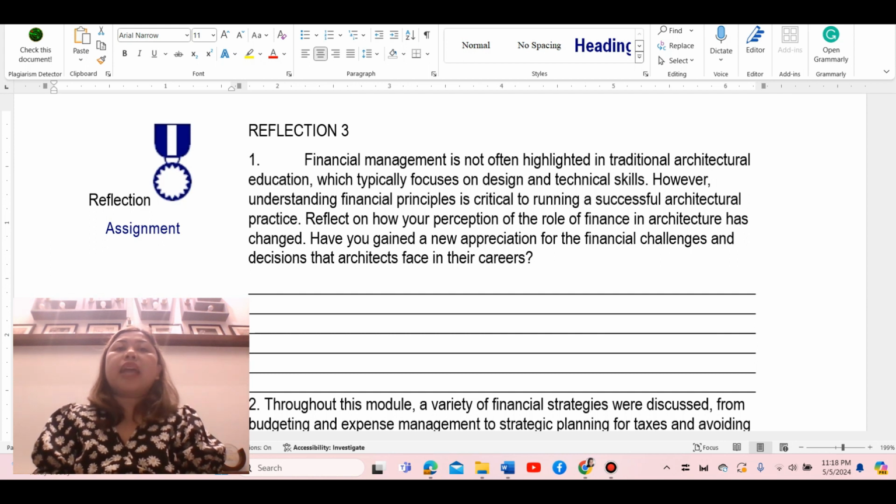However, understanding financial principles is critical to running a successful architectural practice. Reflect on how your perception of the role of finance in architecture has changed. Have you gained a new appreciation for financial challenges and decisions that architects face in their careers?